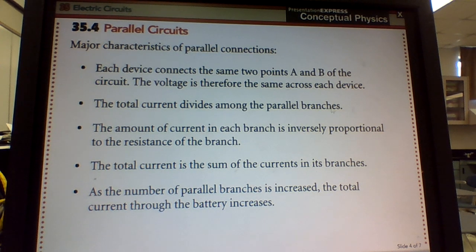The total current divides among the parallel branches. The amount of current in each branch is inversely proportional to the resistance of the branch. Again, more resistance, less current. And the total current is the sum of the currents in its branches.